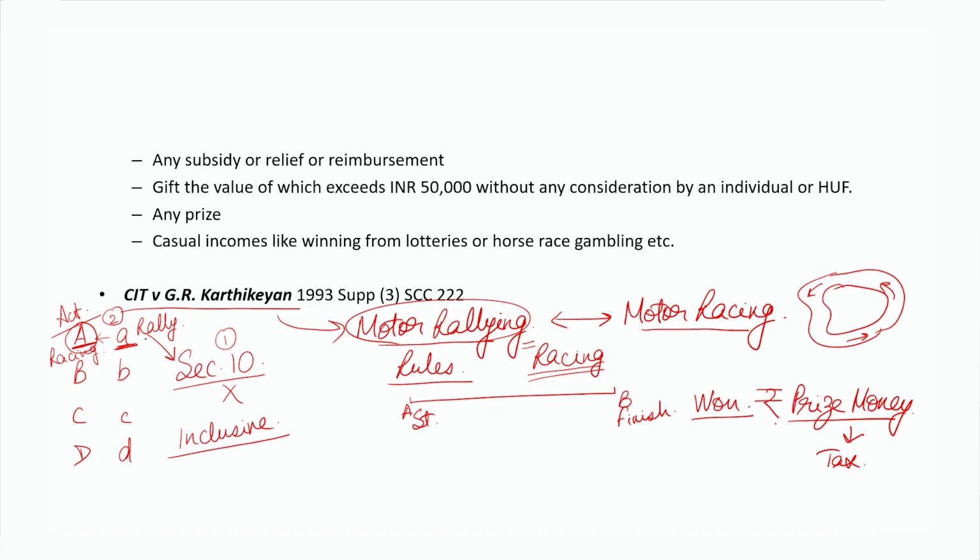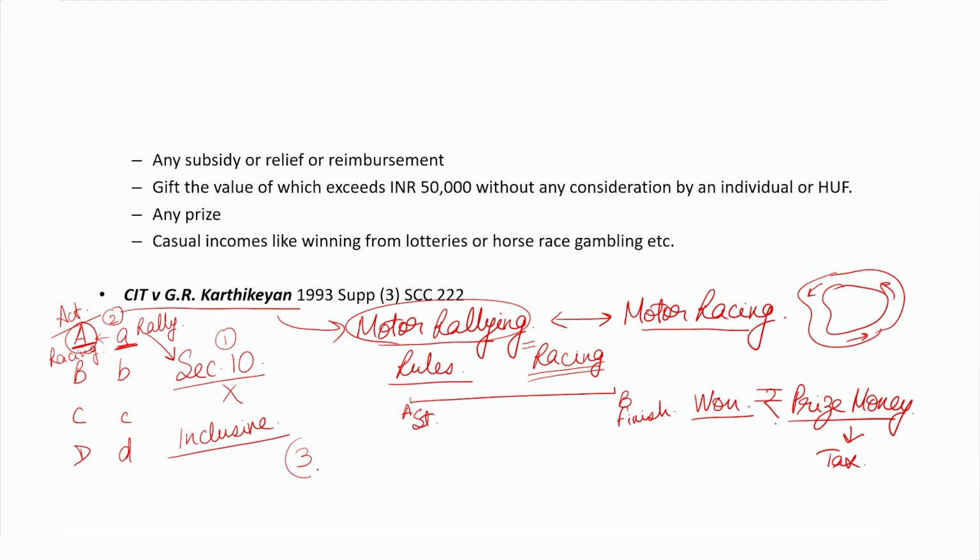So if you compare a motor rally to a motor race, it's going to be of a similar nature. There's not much difference between the two if you look at it from the broader perspective. Of course, different types of races get fine-tuned according to the different rules, etc., which are provided for therein.